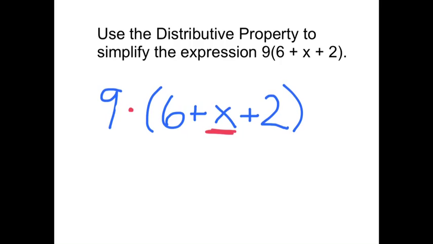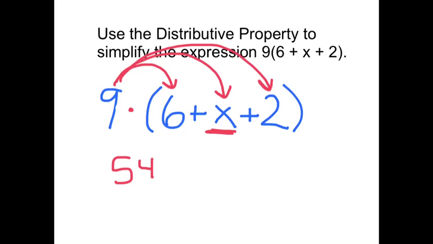Now I need to distribute this 9 to each of the numbers inside the parentheses. 9 times 6 is 54 plus 9 times x is 9x's plus 9 times 2 is 18. This is almost finished.